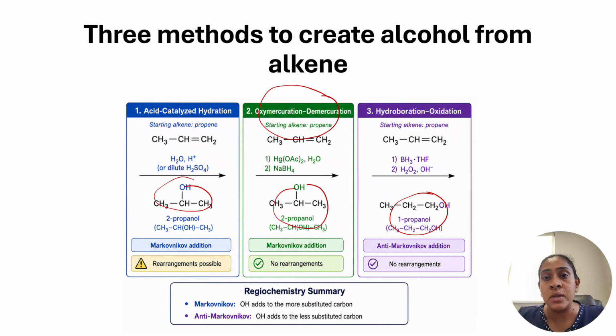This reaction also occurs without rearrangements. So remember, acid-catalyzed hydration and oxymercuration demercuration give Markovnikov alcohols, while hydroboration oxidation gives an anti-Markovnikov alcohol. We have not discussed oxymercuration demercuration so far, and we will discuss it in another video.